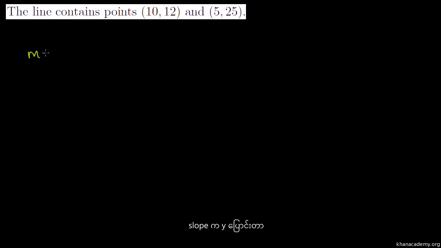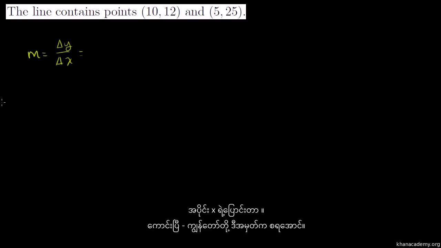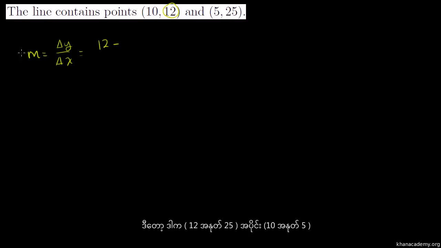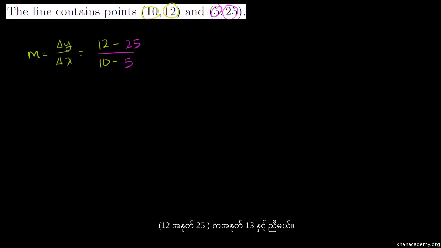The slope, which is equal to change in y over change in x, is equal to, let's use this point first, 12 minus 25 over 10 minus 5. 12 minus 25 is -13, over 10 minus 5, which is 5. So the slope here is -13 over 5.